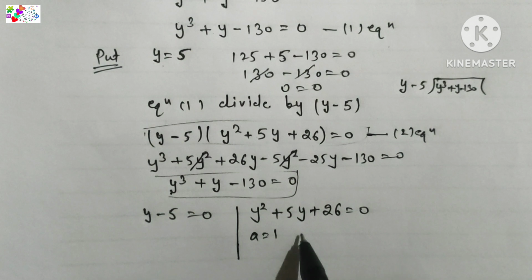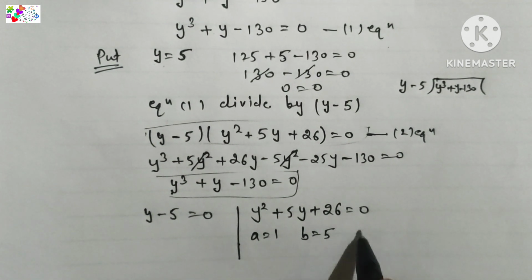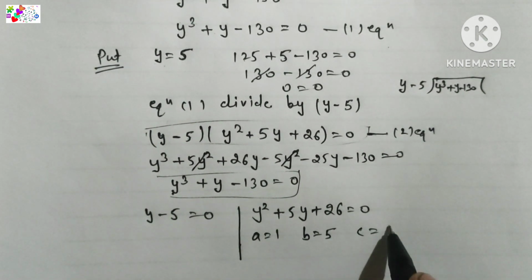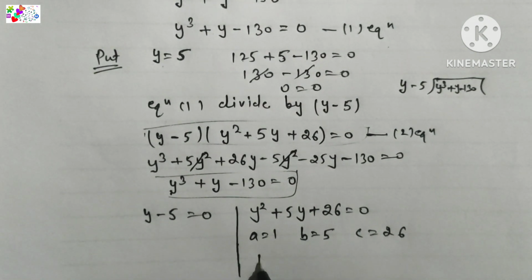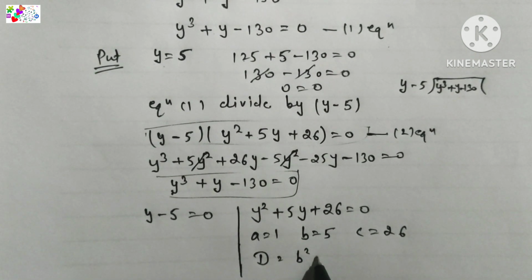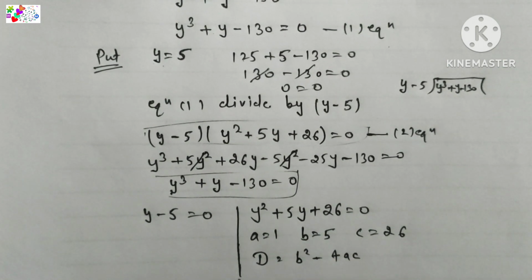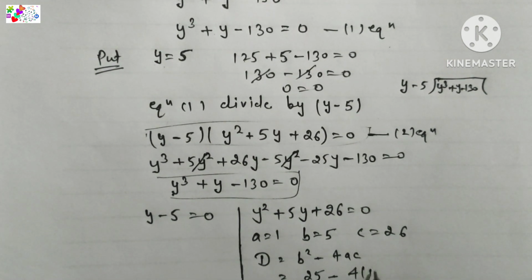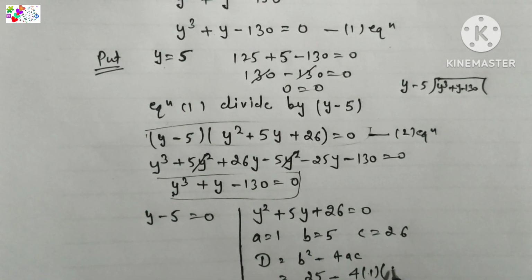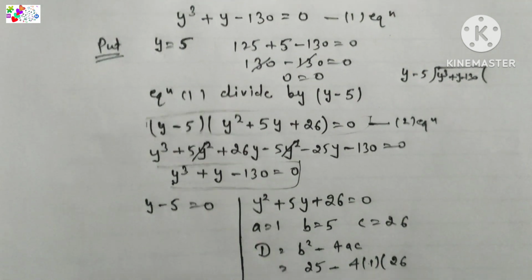So a is equal to 1, b is equal to 5, and c is equal to 26. When I find the discriminant D, b square minus 4ac, b square is 25 minus 4 times 1 times 26.